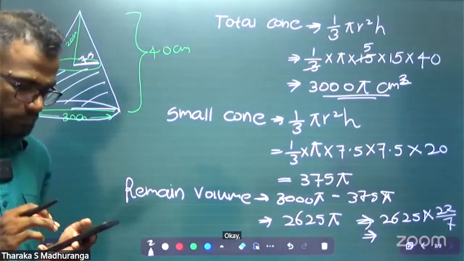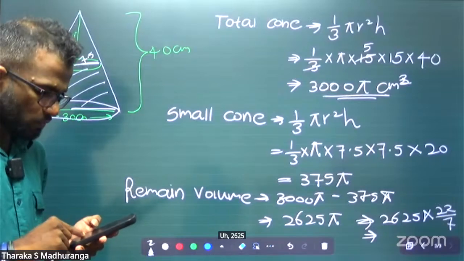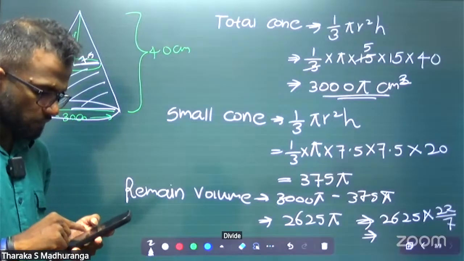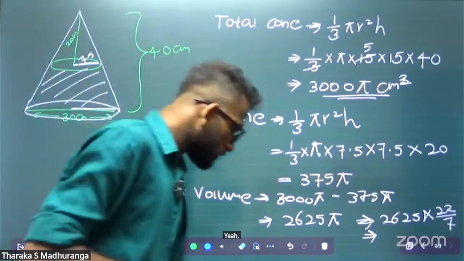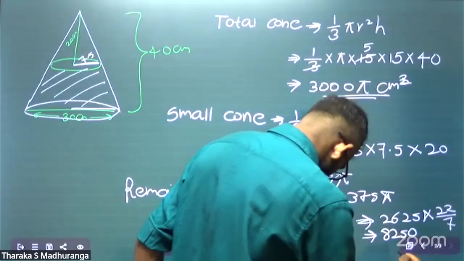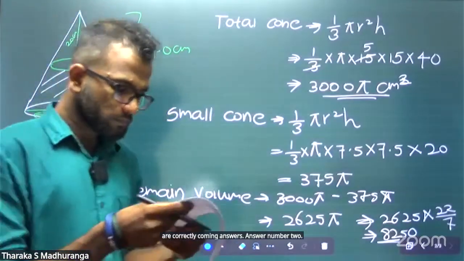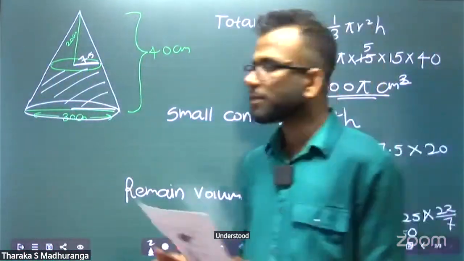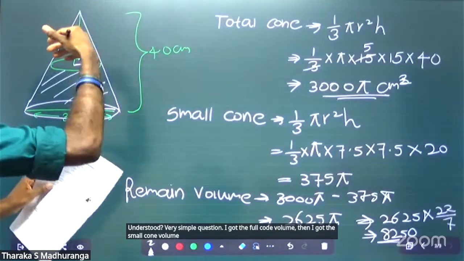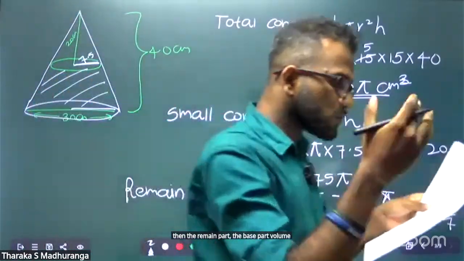What's the value? 2,625 multiply with 22 divided by 7 is 8,250. The correct answer is number 2. Understood? Very simple question. I got the full cone volume, then I got the small cone volume, and I subtracted. Removing means volume decreasing. Then the remaining base part volume is 8,250.